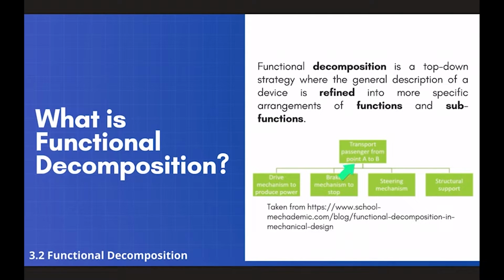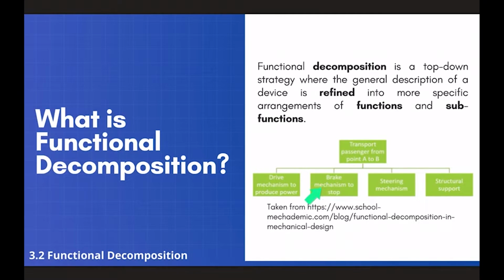So this machine should be able to transport a passenger from point A to point B, and among the sub-functions that this machine should have is, first, a drive mechanism to produce power.